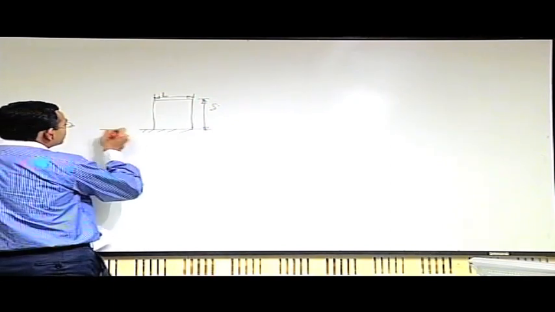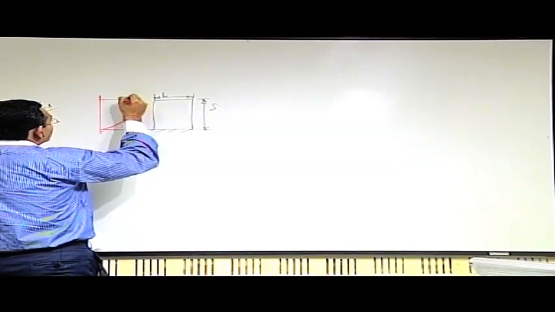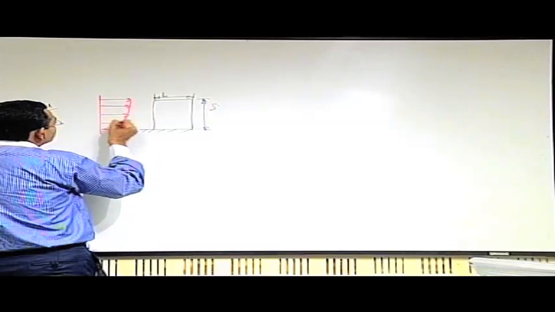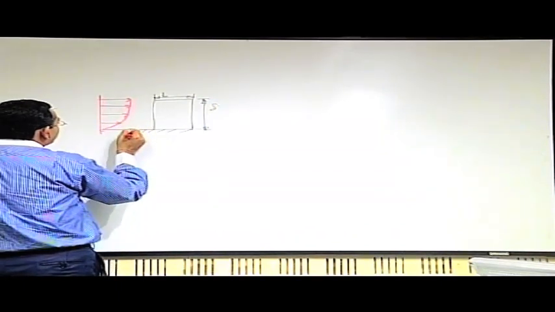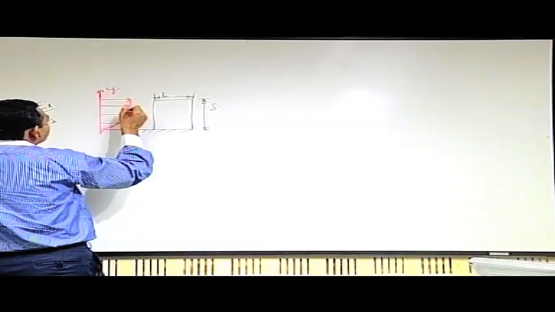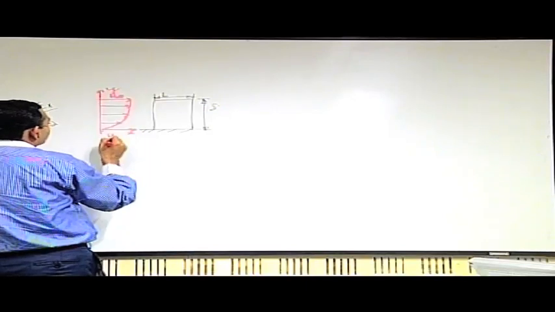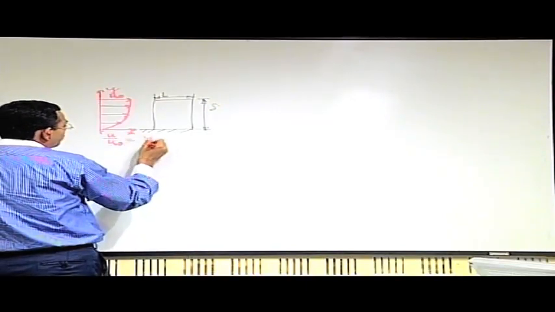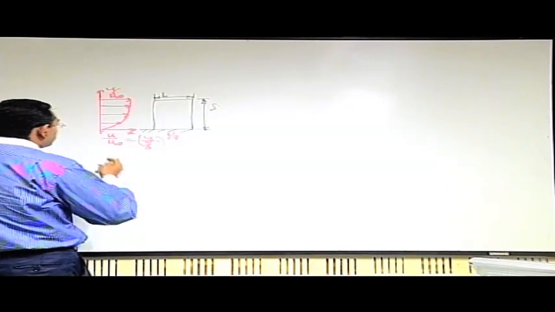The free stream velocity is not a uniform velocity, but the incipient stream is like a boundary layer already developed by itself, and assume that this is a turbulent boundary layer where you have the velocity profile given by u by u infinity is equal to (y by delta) to the power of 1 by 7. This is given.